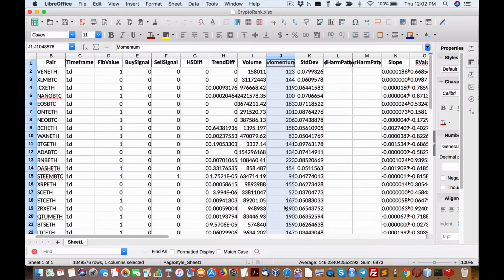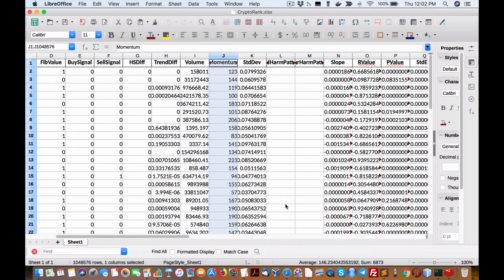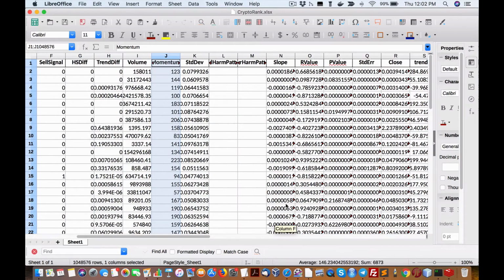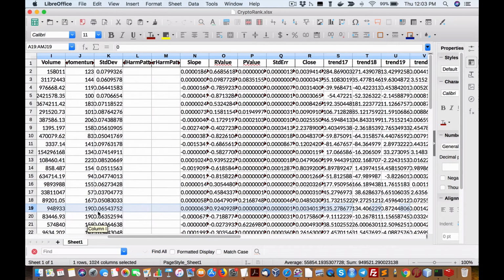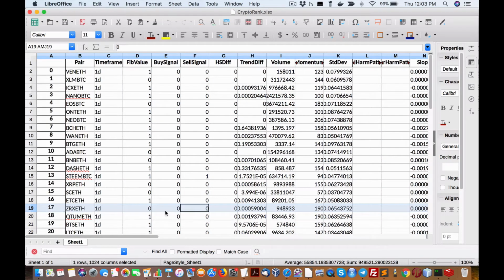So momentum is considered from a statistical point of view the up and down moves over certain time periods. So the higher your momentum, the higher probability you have on a trade that will go in your favor, like this one at 190, which is ZRX.